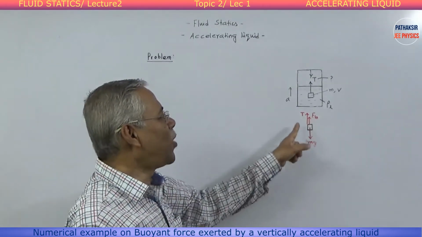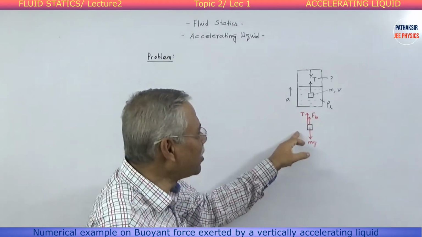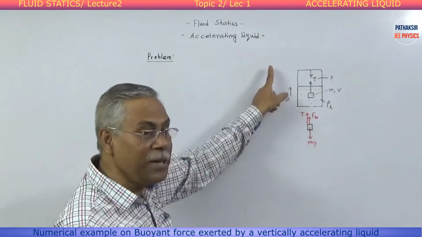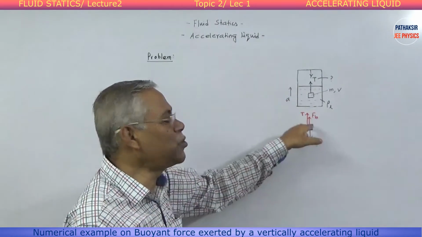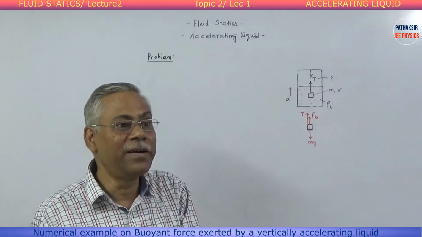And what is the net external force? Net external force equals mass of the body into its acceleration. In which direction is it going? Upward. So the total force acting upward is greater than the total force acting downward.